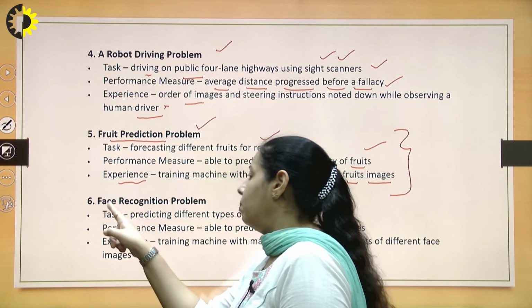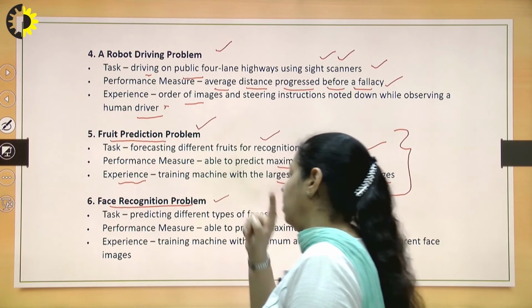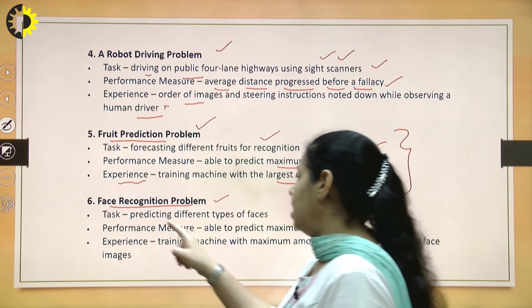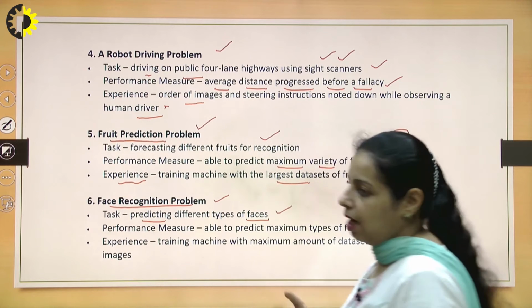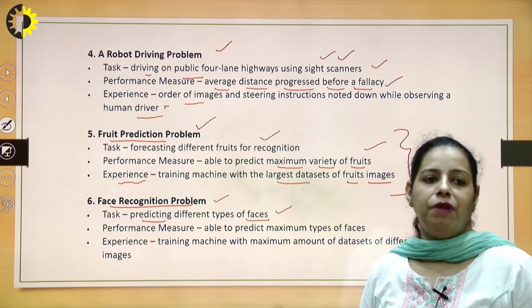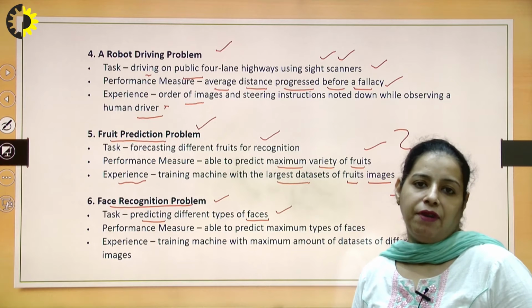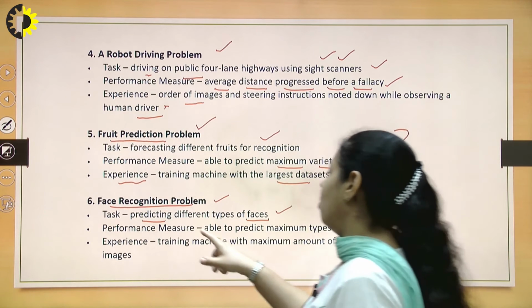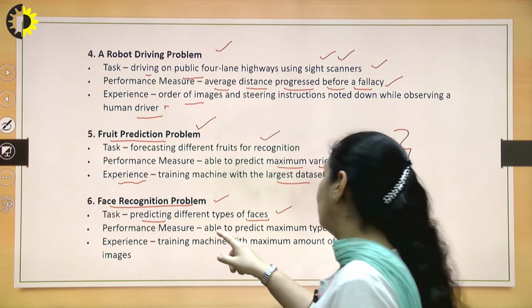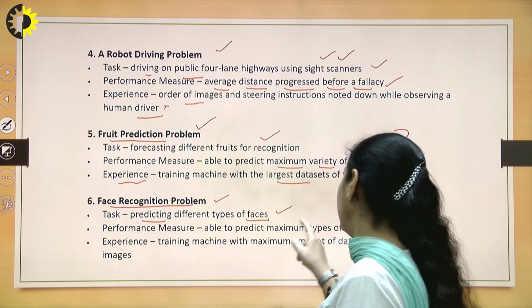Now the sixth problem is the face recognition problem. Here the task T is predicting different types of faces. We have to predict different types of faces of human beings. The performance measure says what your ability is to predict the maximum types of faces.